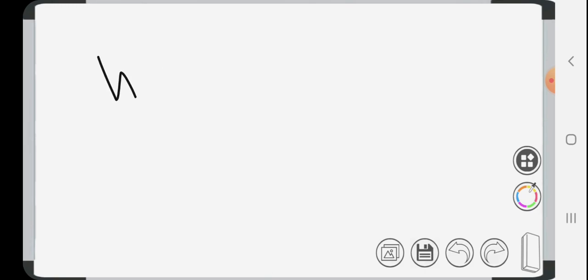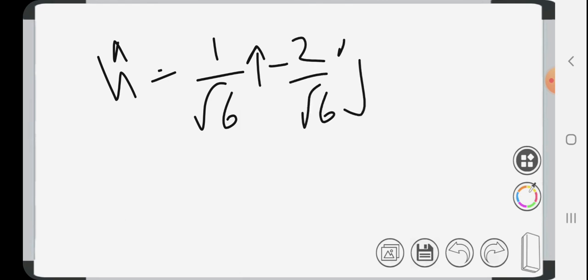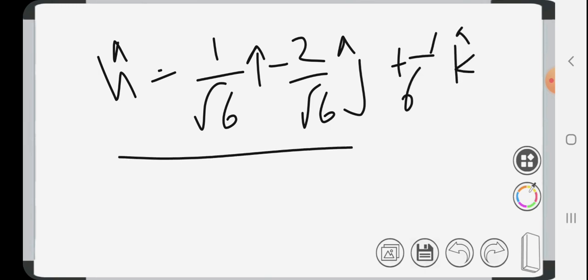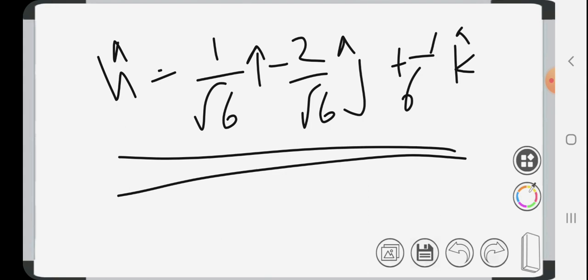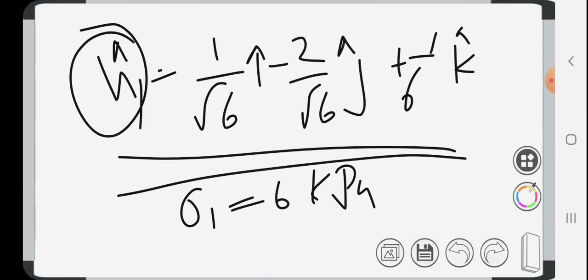So the n vector will be 1 by root 6 i, minus 2 by root 6 j, plus 1 by root 6 k. So this will be the n vector for the principal plane corresponding to principal stress equal to 6 kilopascal. So this is only one, n1 vector, the first principal plane.